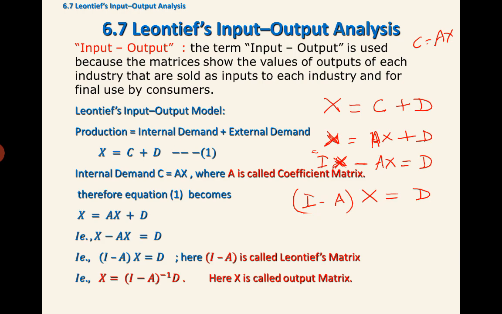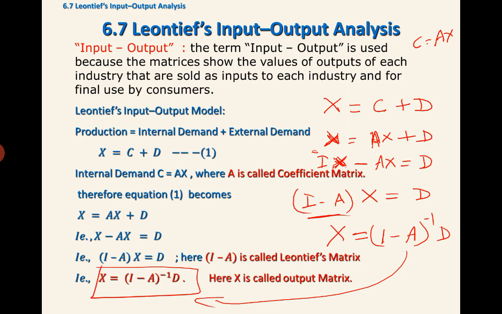It's not 1 in matrix, it's the identity matrix. Our aim is to find the production output matrix X, which is the inverse of (I minus A) times D. This is the formula that we are going to use in this chapter to find the total output matrix.